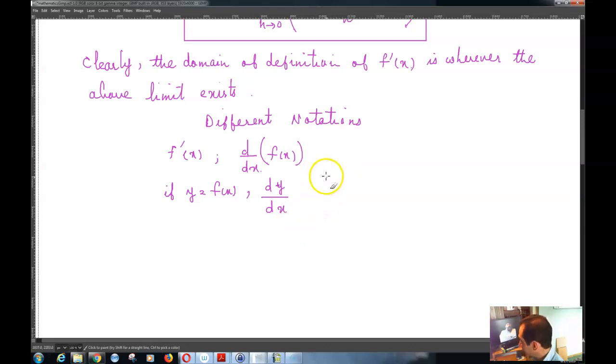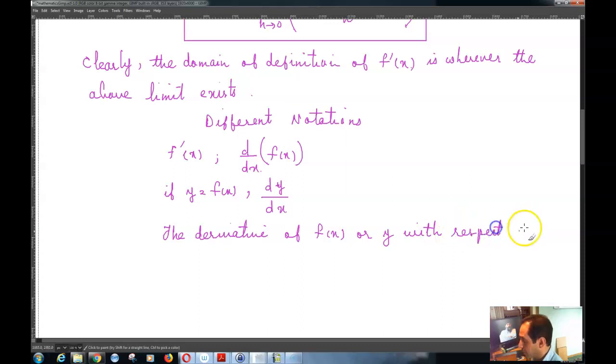And this is basically referred to as the derivative of f of x, or y, with respect to x. And it can also be denoted by d of f of x.